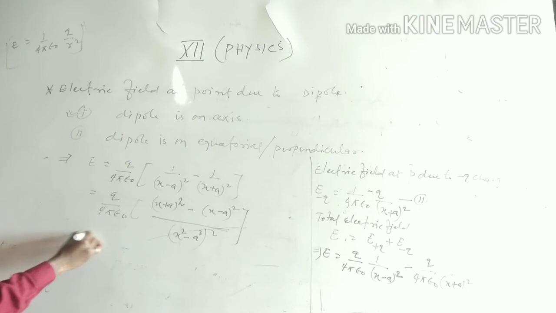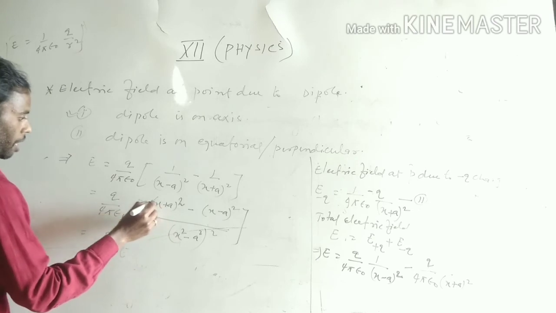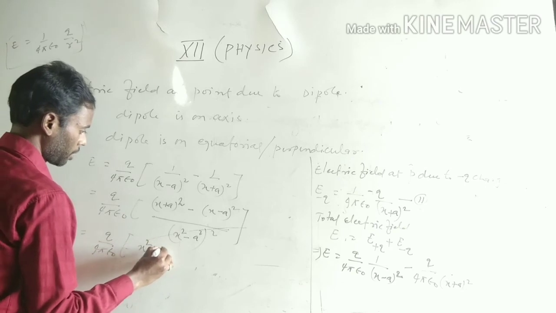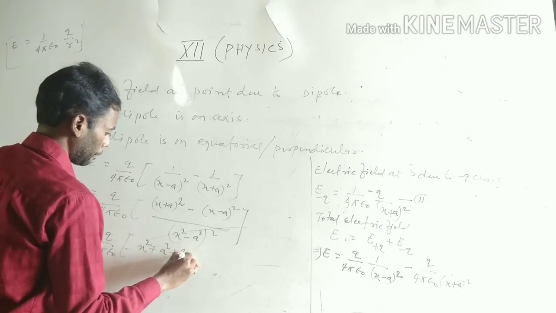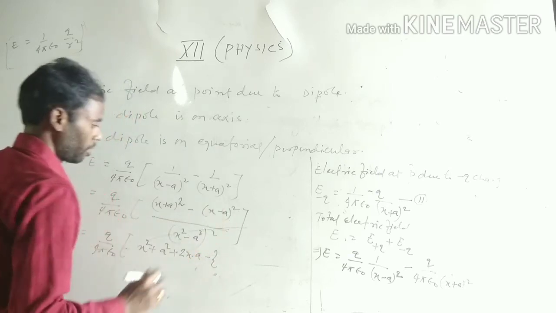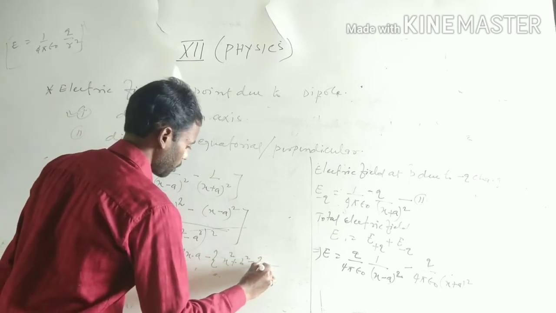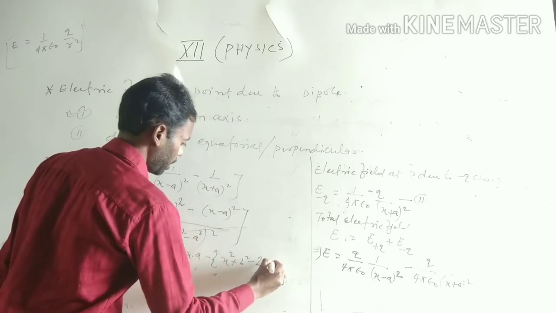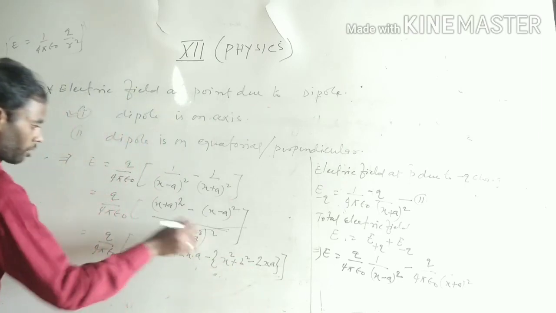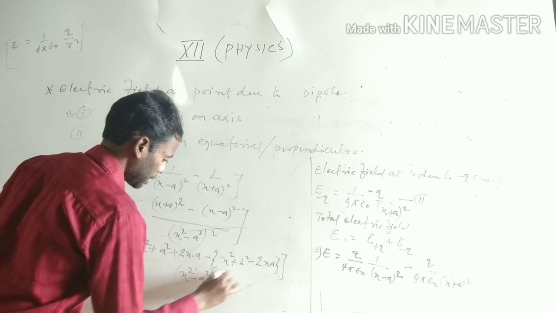After that, Q by 4 pi epsilon naught, we use the formula: a plus b whole square is a square plus b square plus 2ab, and similarly a minus b whole square is a square plus b square minus 2ab. In place of a is x, in place of b is a. Divided by x square minus a square whole square.